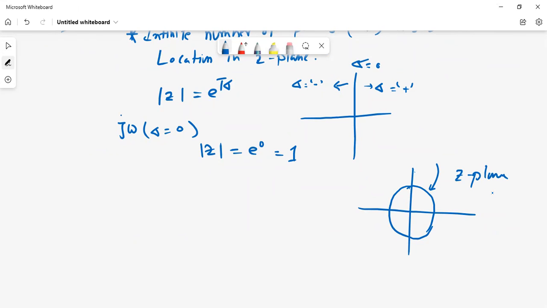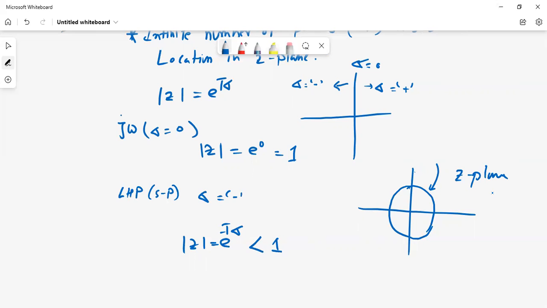Okay. And in the left half plane, we know that sigma is negative, and it means that the magnitude of Z will be e to the power sigma, with a negative sign if you take the magnitude of the sigma, which will be lesser than 1.